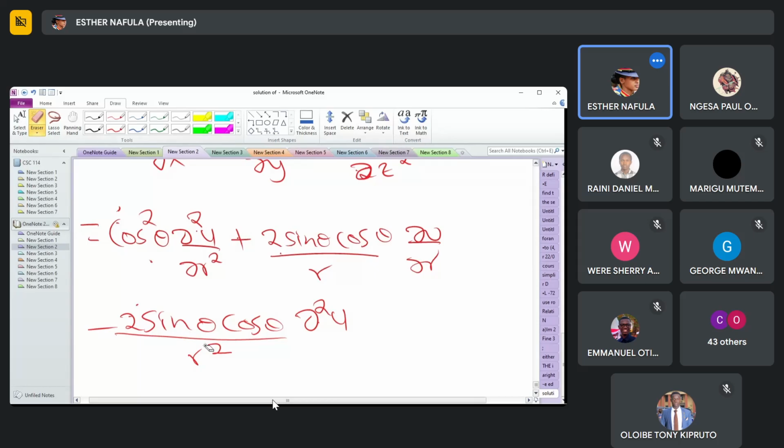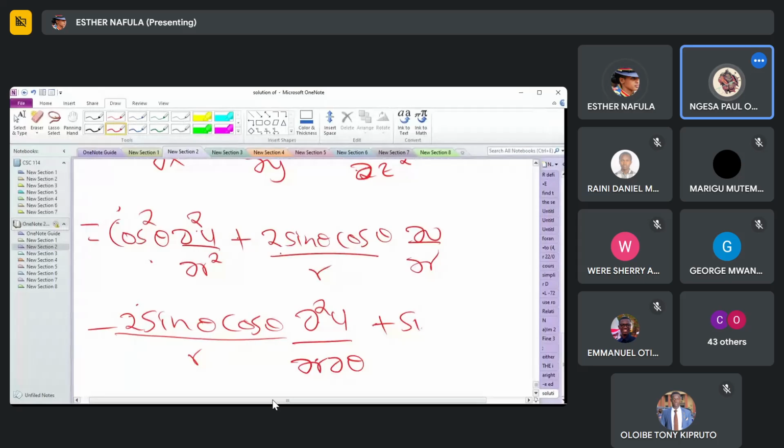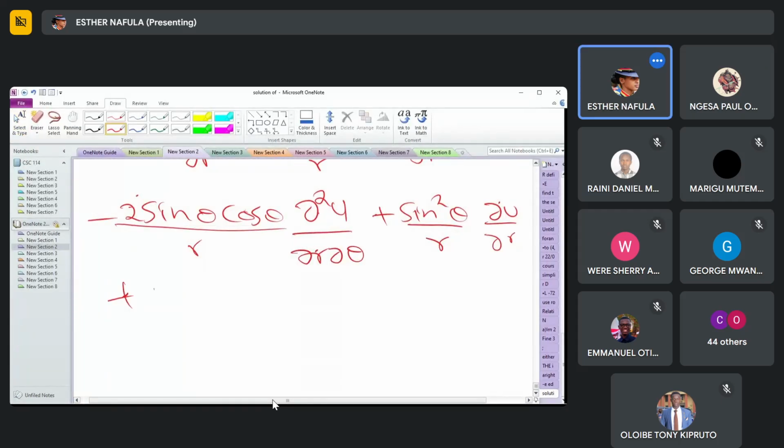Okay, it's fine that way. And then plus sin squared theta over r partial u partial r, plus sin squared theta over r squared partial squared u partial theta squared.